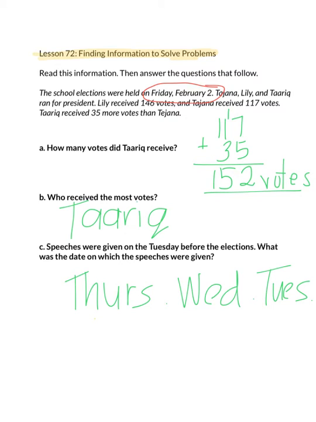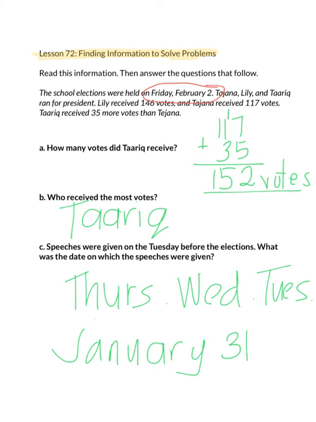So let's find out now how we can go from February 2nd to 3 days before that. So what is the month before February? It is January. Oh boy, that handwriting. It's January, and January has how many days in that month? There are 31 days in that month.